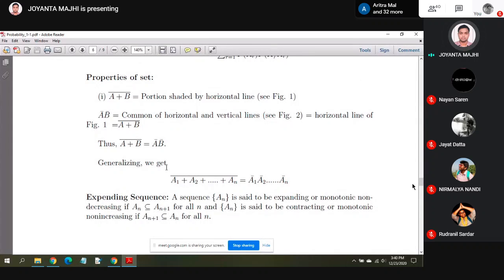The generalizing result: a1 union a2 union and so on up to an, the whole complement, for finite sets, is the intersection of the complements. This is also true for countably infinite sets, that is, a1 union a2 union and so on, countably infinite sets, the whole complement, is equal to a1 complement intersection a2 complement and so on, countably infinitely many.